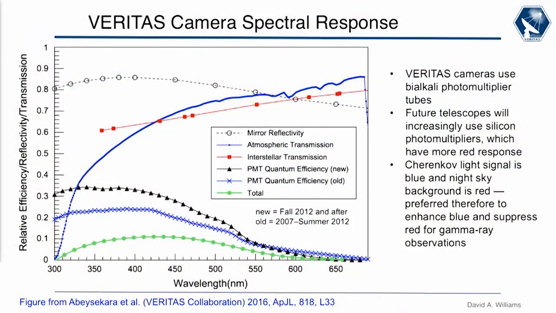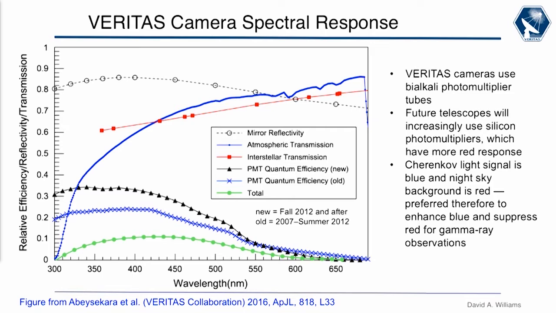This plot shows what our spectral response is for the Veritas telescopes. So the green curve here is the overall spectral response peaking in the 400 to 450 nanometer wavelength region. At the ultraviolet end, it's primarily cut off by the atmospheric transmission, which is this blue curve.